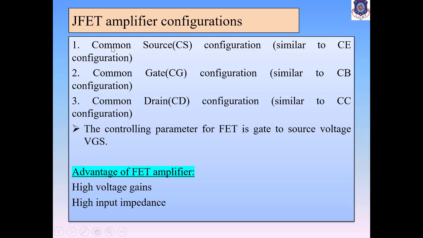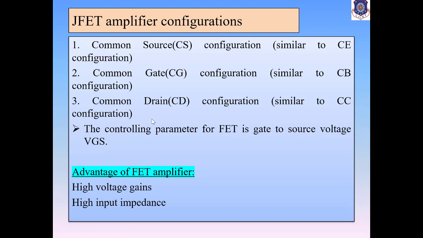There are three main configurations: 1. Common source, 2. Common gate, and 3. Common drain. The common source configuration is similar to the common emitter configuration, the common gate configuration is similar to the common base configuration, and the common drain configuration is similar to the common collector configuration.